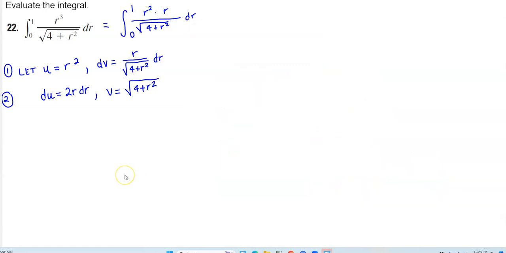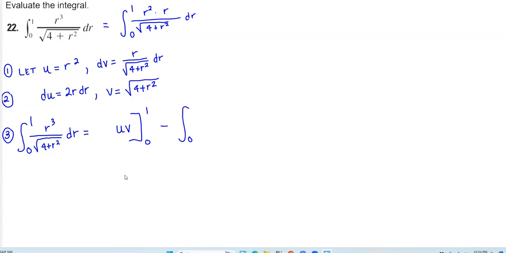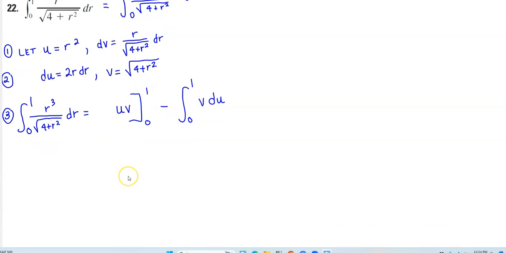So now let's go ahead and rewrite the original integral. We go from 0 to 1 of r cubed over the square root of 4 plus r squared dr. And we know the formula is u times v going from 0 to 1 minus the integral going from 0 to 1 of v du.